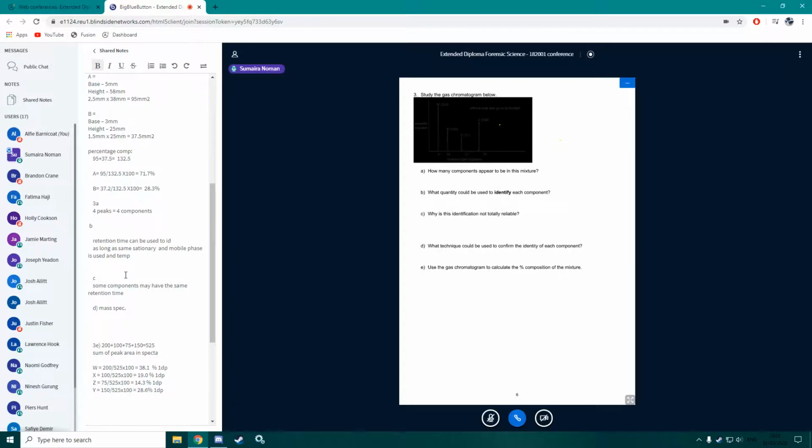And Z is 75 divided by 525, that's 14.3. And then the last one would be 50 divided by 525, yeah, 28.6. Excellent. So if we had 100 grams, 38.1 grams would be W, 19 grams would be X, 14.3 grams would be Z, and Y would be 28.6 grams.